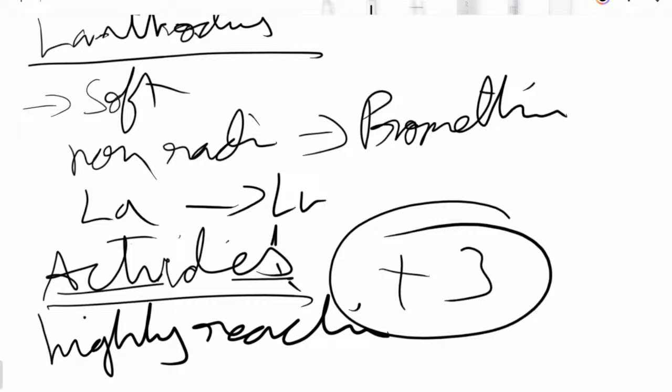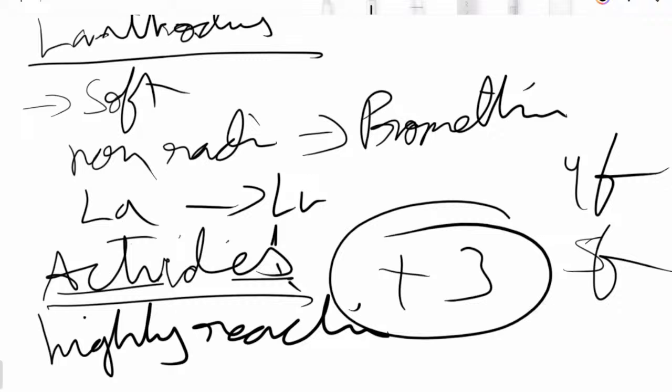What is the difference? Lanthanoids fill 4f, and actinoids fill 5f. The binding energy is also different: that of 4f electrons is comparatively higher than that of 5f electrons, and so the shielding of 5f is less effective than 4f. One more thing is the paramagnetic properties.